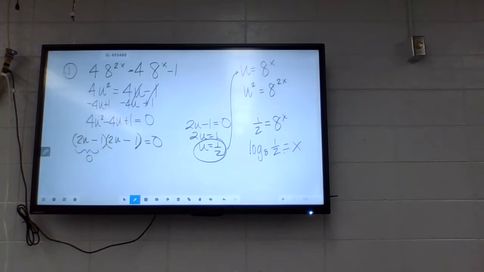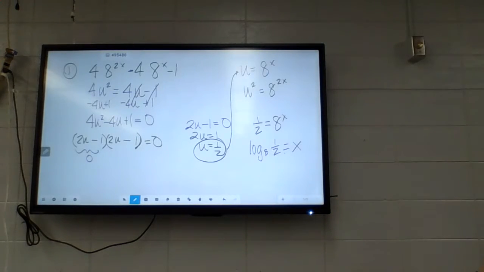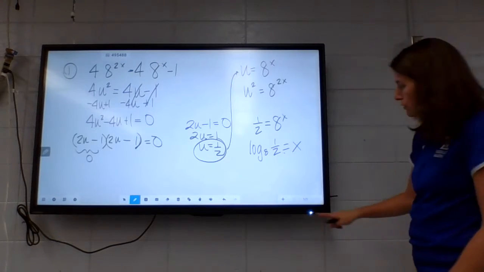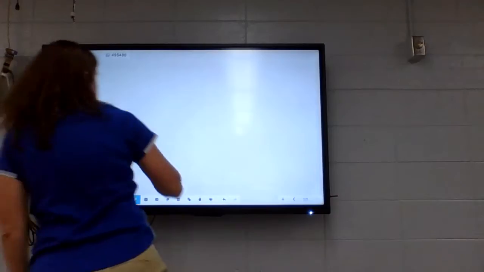All right, let's look at number 2. Number 2 is more similar to one I had given you guys in our notes. So this is really similar to, I believe, there was an M example in our notes.